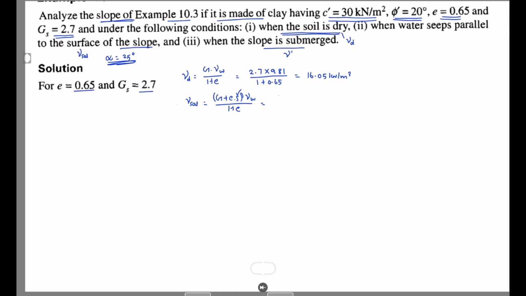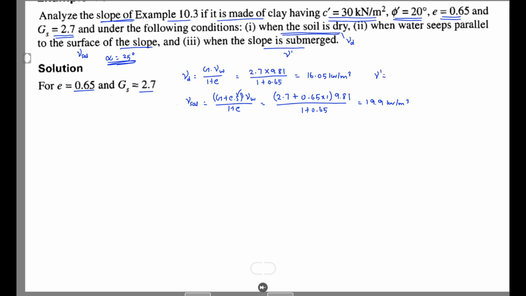So G value is 2.7 plus e value 0.65, into 1, into gamma W value 9.81, divided by 1 plus e equal to 0.65. Now we get the value of 19.9 kilonewton per meter cube.